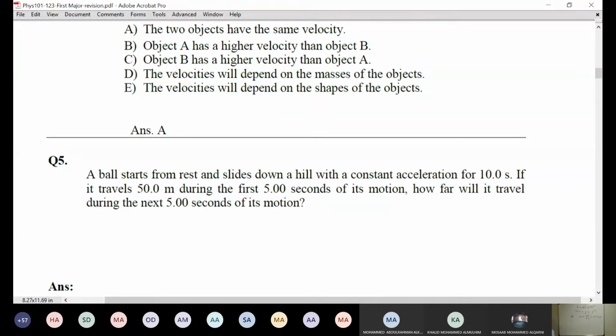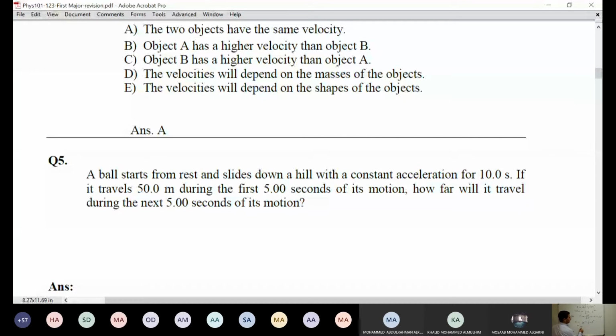Now I will go with the total length, because the acceleration is constant. So I will use the same equation again. It will be v naught t plus half a t square. Now again, since we are considering the entire journey, the initial speed is again 0.